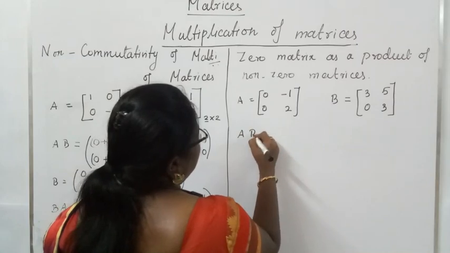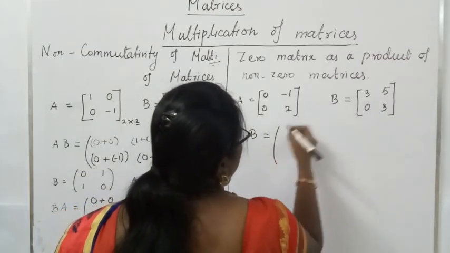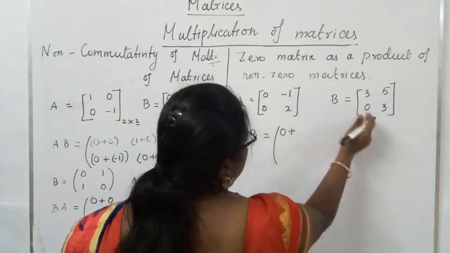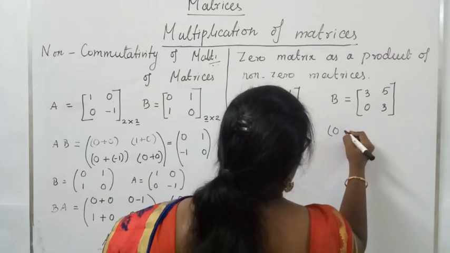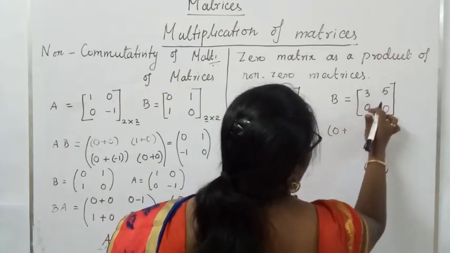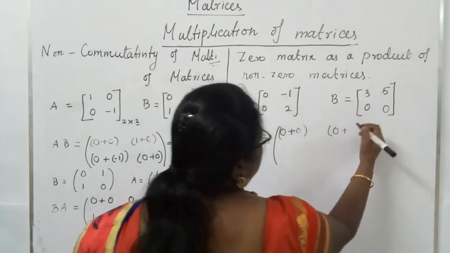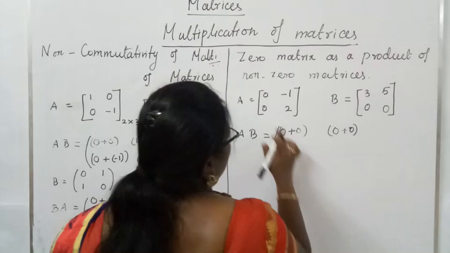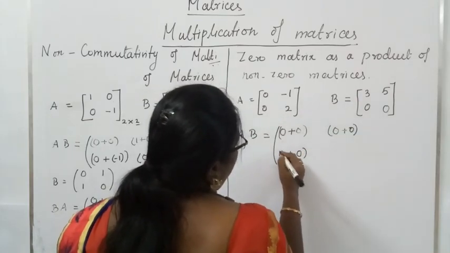Let me multiply A into B here. 0 into 3 plus minus 1 into 0. Now 0 into 5 plus minus 1 into 0. Let me take the values 3, 5, 0, 0. It is not a zero matrix and this is not a zero matrix. Minus 1 into 0 will become 0. Now second row with first column, 0 plus 0.